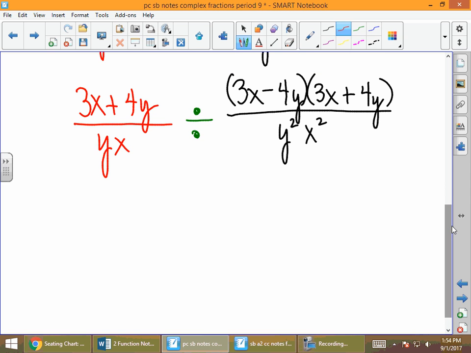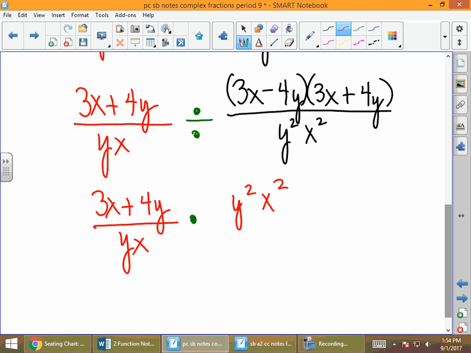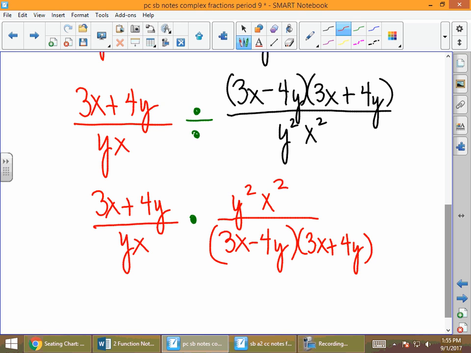So nothing's going to happen with this 3x plus 4y over yx. But we are going to multiply now. And we've got y squared x squared, and then it's 3x minus 4y, 3x plus 4y. One more time. When dividing, don't ask why. Flip the second one and multiply. I should have written that fraction in black, but oh well.